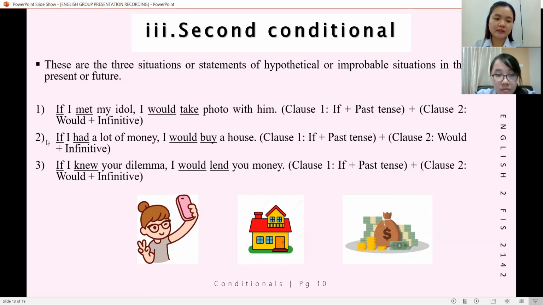The second example, if I had a lot of money, I would buy a house. Clause 1 is if plus past tense, and clause 2 is would plus infinitive, would buy. The third one, if I knew your dilemma, I would lend you money. The first clause is if plus past tense, and clause 2 is would plus infinitive.